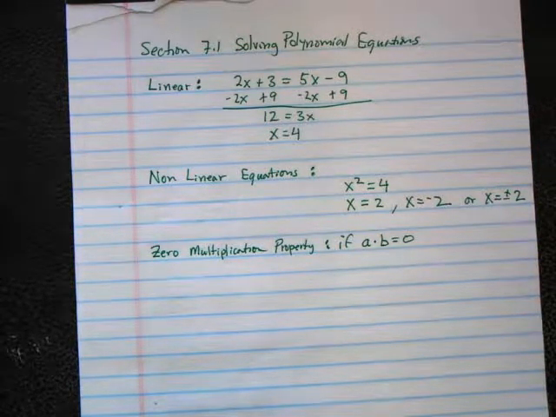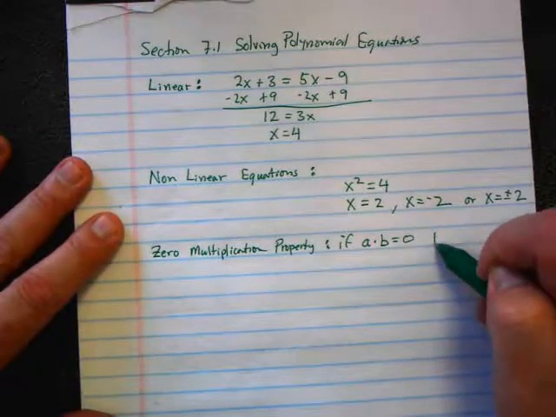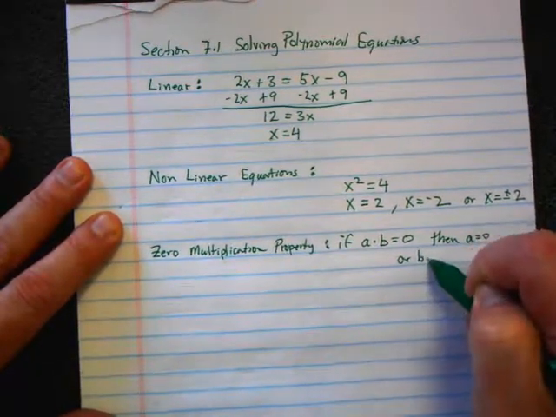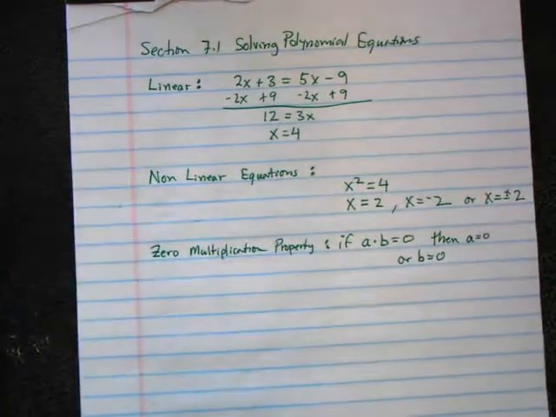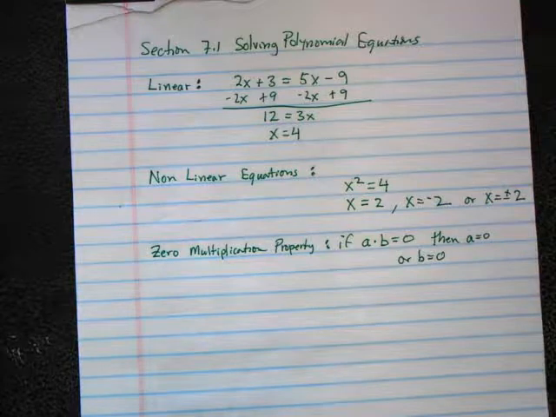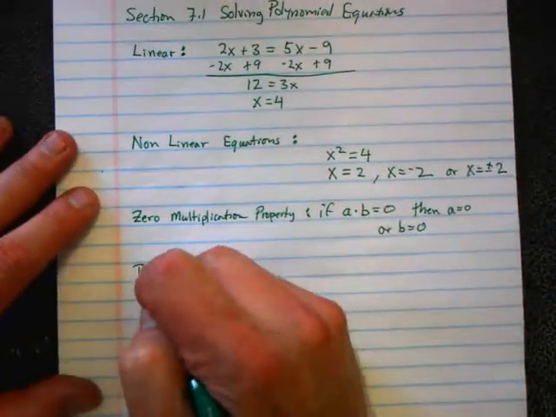Do we care which one? Could both of them be 0? Okay. If a times b equals 0, then a equals 0 or b equals 0 or both. Both would be okay too, but in particular, one of them has to be 0. That's called the zero multiplication property. All right, so here are the rules to solve nonlinear equations.